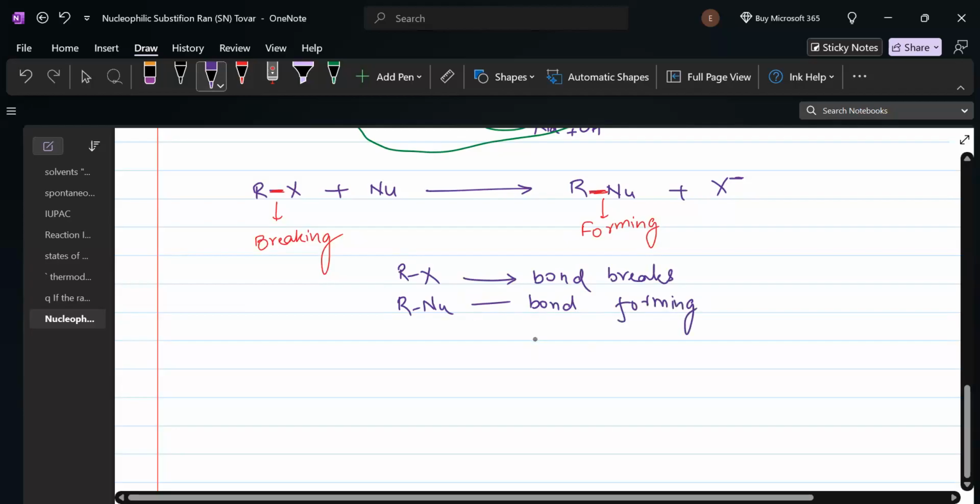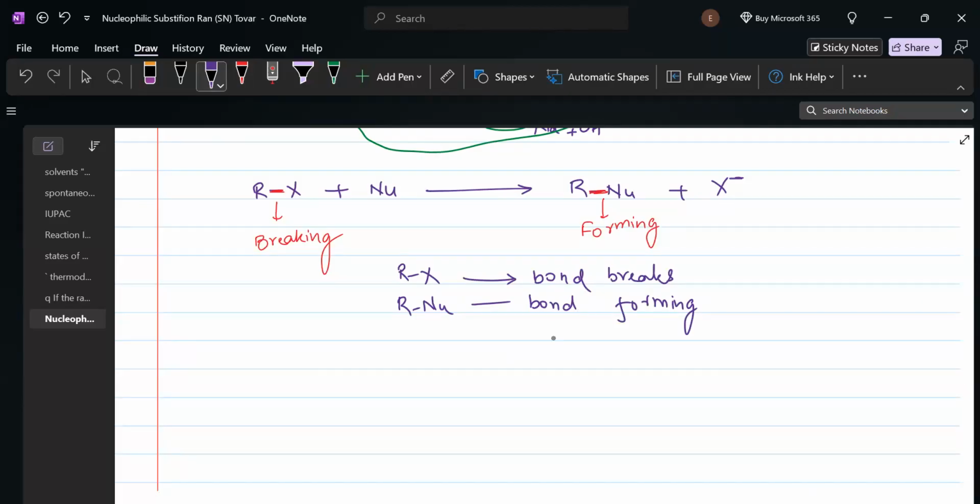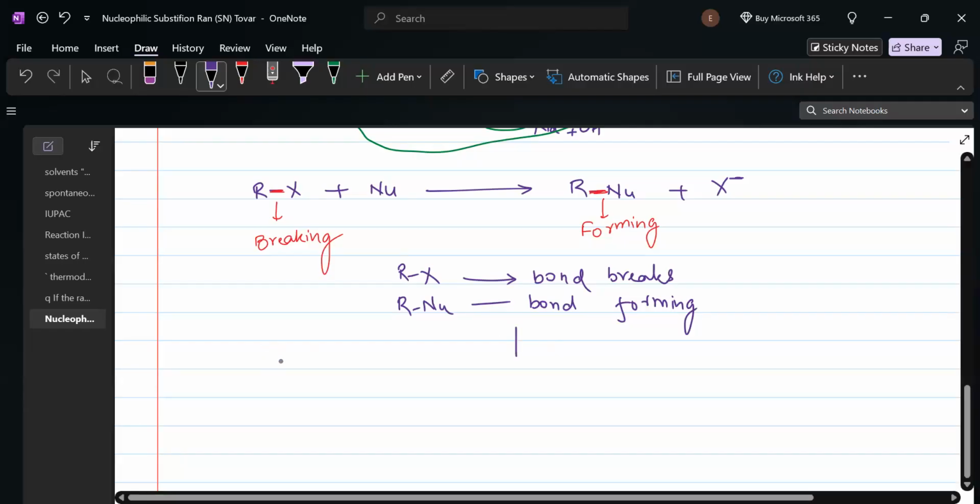So this phenomenon which has happened can take place in two ways. So we have to discuss both ways in detail.